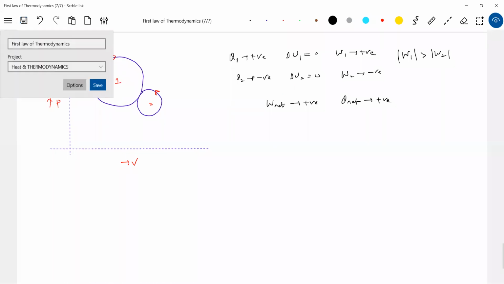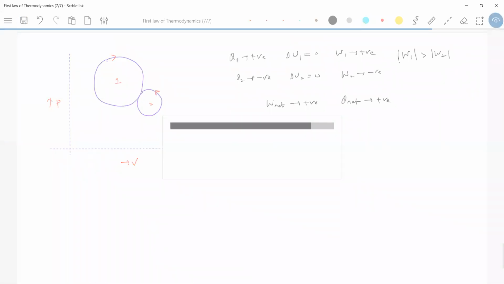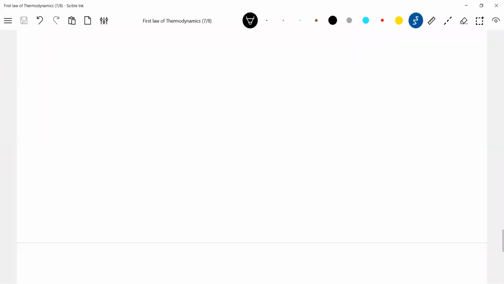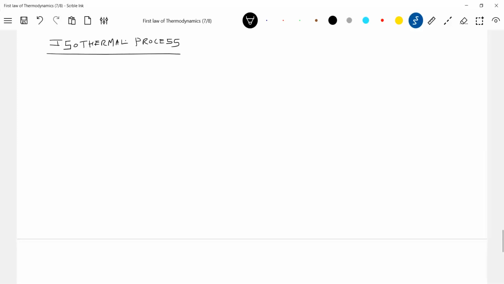Okay, let's talk about the basic processes here. After learning this, first we'll start with the isothermal process. What is an isothermal process?